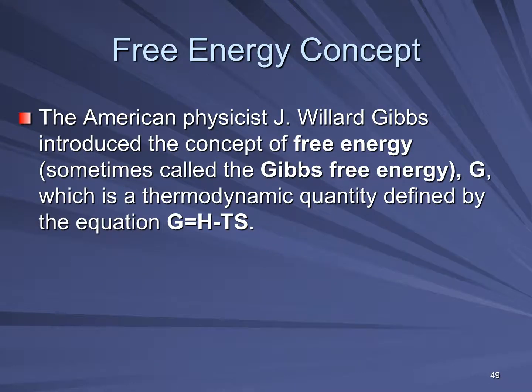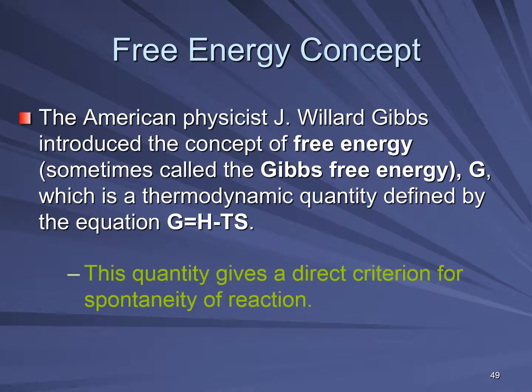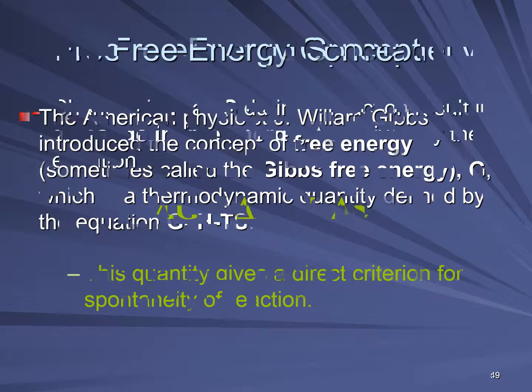All right, so this quantity, the American physicist Willard Gibbs decided to call free energy, or Gibbs free energy, and it's given the symbol G. And so G is defined as H minus TS, or since we really like to talk in deltas, delta G equals delta H minus T delta S. And this gives us a direct way to decide if something is spontaneous.